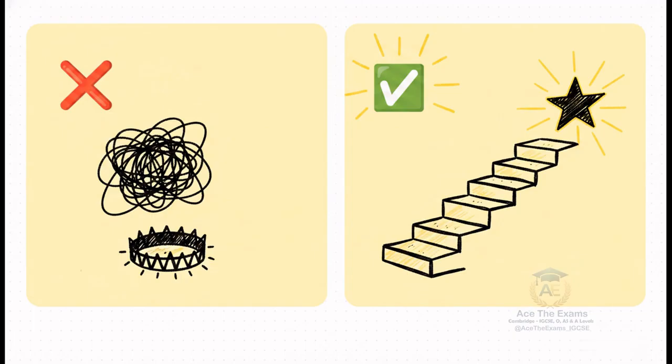These flaws are guaranteed red pen marks from the examiner. But look at the right side. The safest method, the green checkmark method, is decoding the command word and using our PEEL-style framework. Definition, relationship, explanation, application. This perfectly contrasts the trap students fall into against the absolute safest method to guarantee top marks.